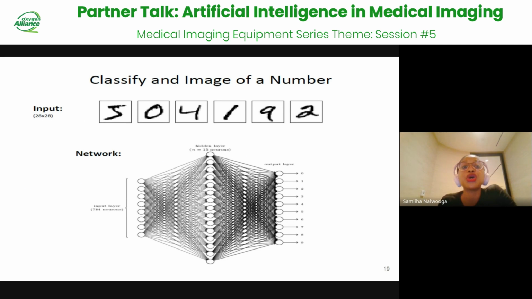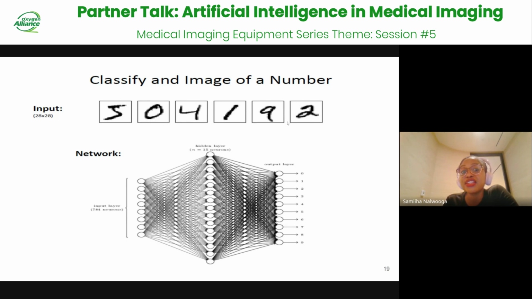When you talk about image classification, one of the things we should not forget is what we are looking out for. Take an example: we have images that are 28 by 28. That is just the size of the image, meaning the width is 28 pixels and the height is 28 pixels. Each of these images contains a digit.